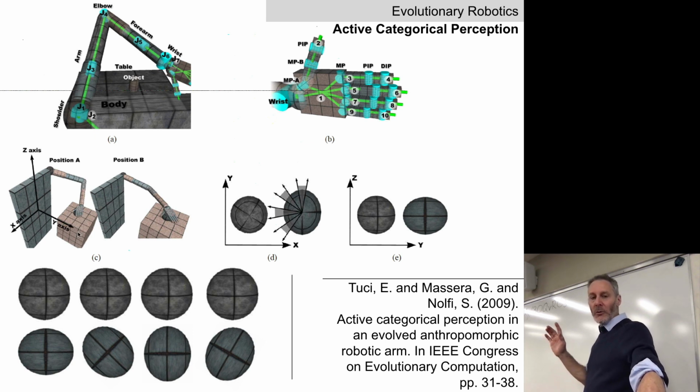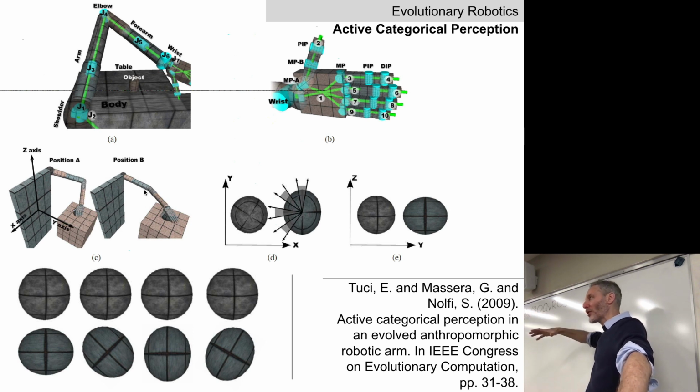Sorry, I misspoke. We're not going to play each CTRNN 8 times. We're going to play each CTRNN 16 times. We're going to start by setting the robot's arm and hand to this initial position 8 times for these objects. And then the 9th through 16th trial of a CTRNN, we're going to start those trials by putting the robot's arm and hand to this set of initial conditions, and then again expose it to these eight objects.